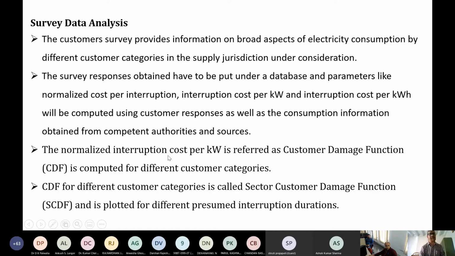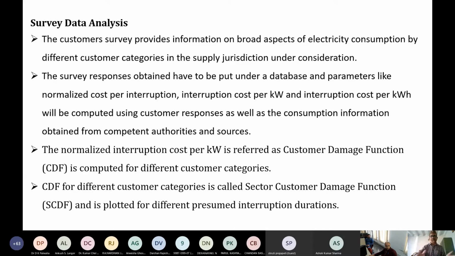And the normalized interruption cost per kilowatt is referred to as the customer damage function and is computed for different customer categories. So the customer damage function is nothing but the normalized interruption cost per kilowatt, meaning interruption cost divided by the customer's annual peak demand. That will give the customer damage function for the particular customer.